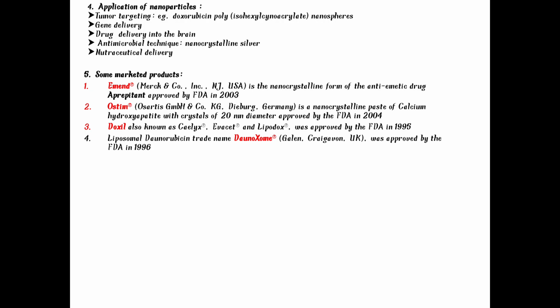Most of the research works have been published, and animal studies were also found to be successful. Now, some antimicrobial technique like nanocrystalline silver is also used in nanoparticles for treating some skin disorders. For delivering nutraceuticals also, nanoparticles are found to be successful.